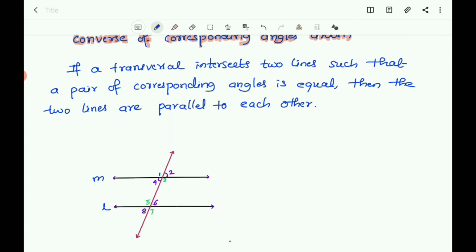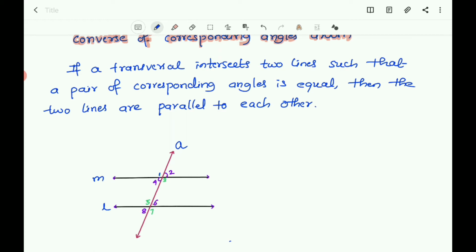For example, here M and L are the two lines, and A is a transversal. Now you measure all the angles made by the transversal of these two lines. If the corresponding angles are equal, if angle 1 is equal to angle 5, angle 2 is equal to angle 6, angle 4 is equal to angle 8, angle 3 is equal to angle 7, then what can you conclude?